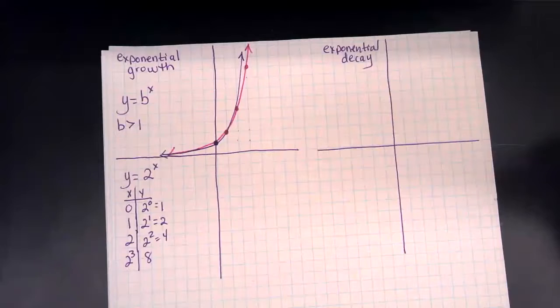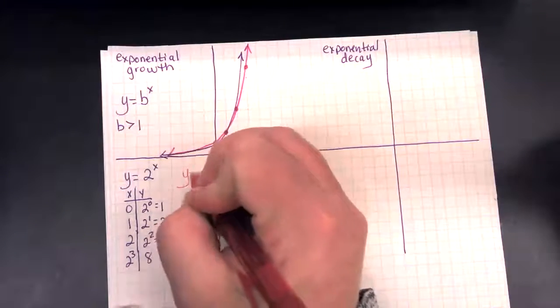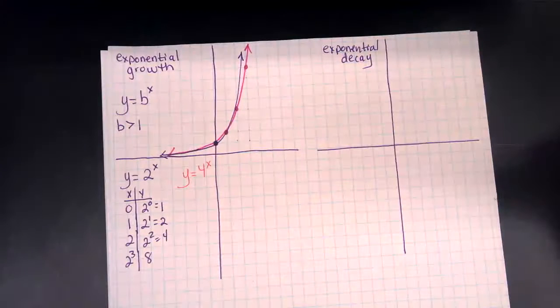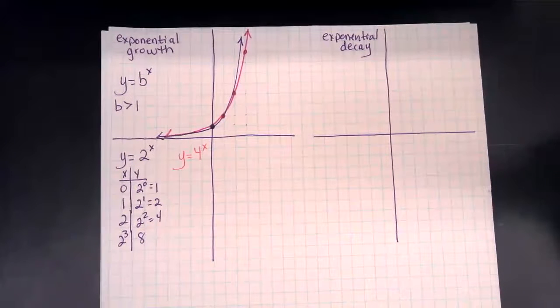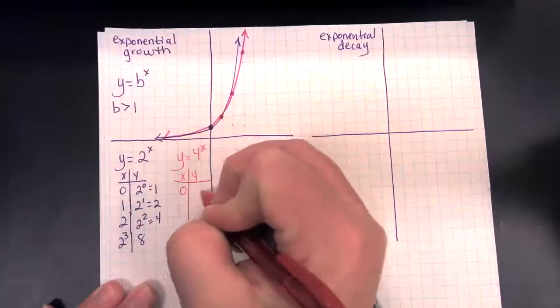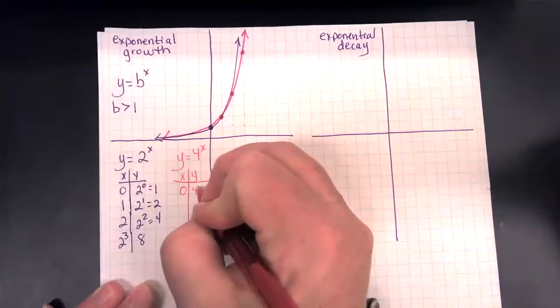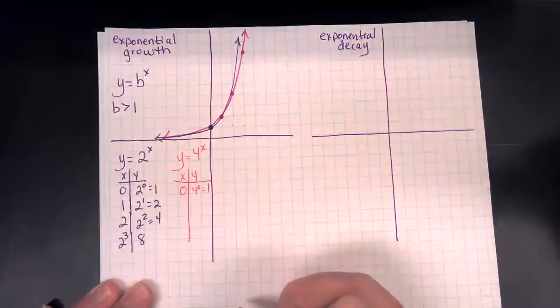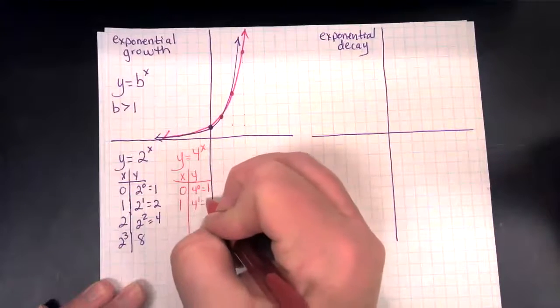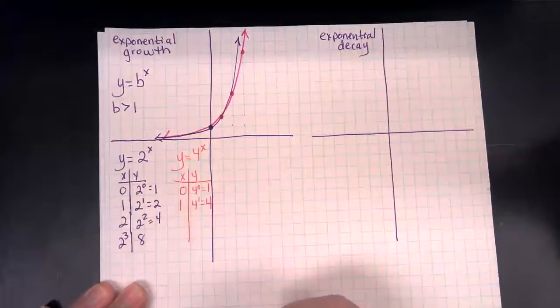Now let's take a look at another one. Let's do y is equal to 4 to the x. Well, jinkies, that's going to climb even quicker. I still get 4 to the 0 is 1. But then when I do 4 to the first, I jump up to 4.